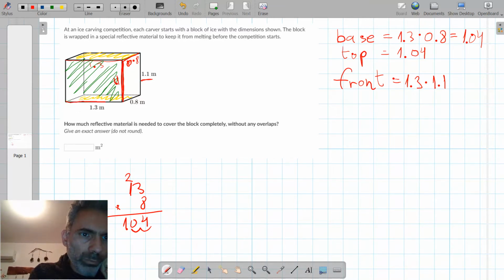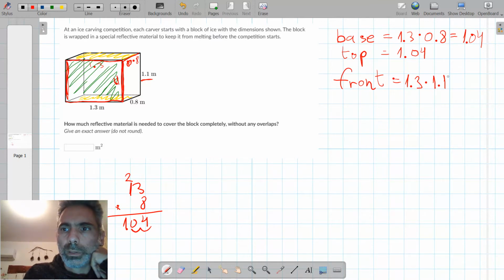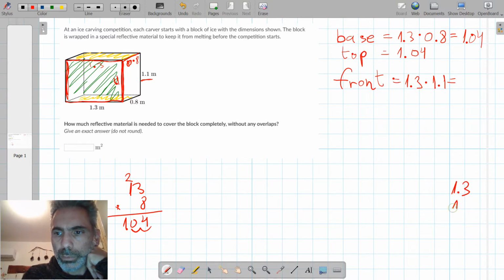So 1.3 times 1.1, this is the rectangle in the front. So this equals 1.3 times 1.1.